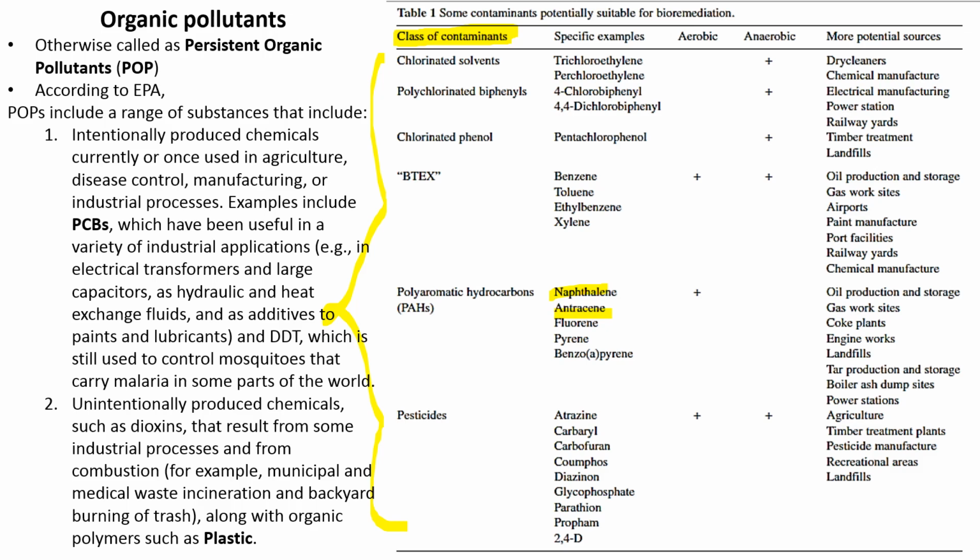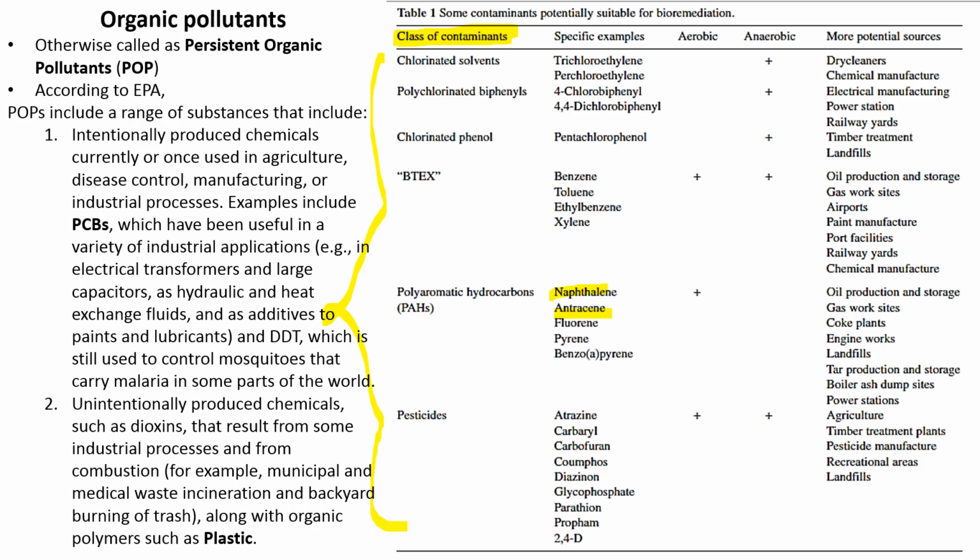So as you see in this class of contaminants, or in this table, you'll be able to notice two different things. First of all, certain organic pollutants are byproducts of an industry. For example, polychlorinated biphenyls are produced intentionally for agriculture.